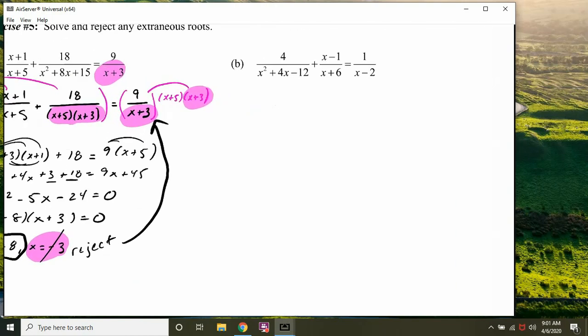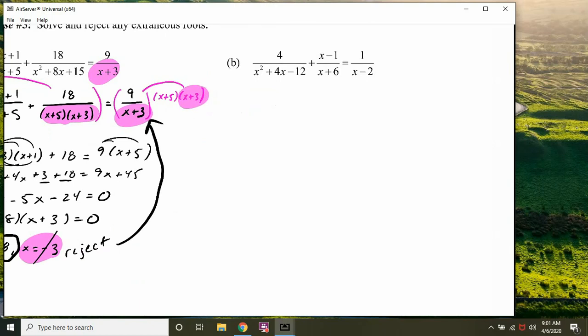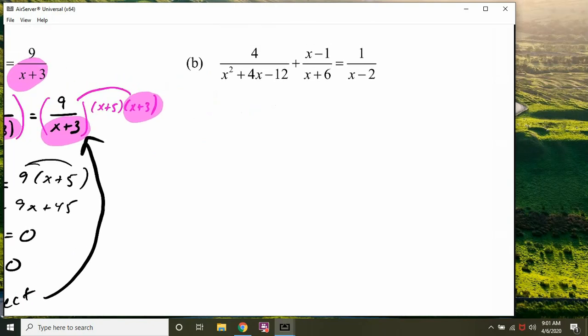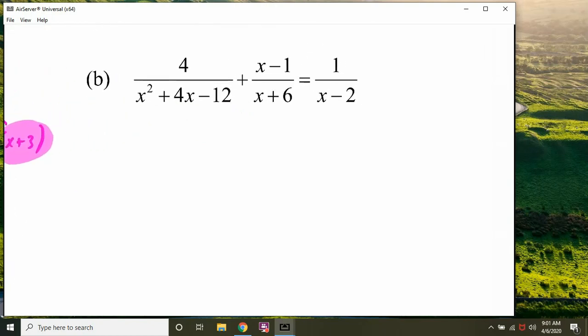Okay, and last up, very similar type of problem here. Again, notice we have a rational equation, fractions with x's and an equal sign. We're going to factor that denominator, and if you take a moment to do it, you won't be surprised that you do indeed get back x plus 6 and x minus 2. Exactly what we have in the other fractions.